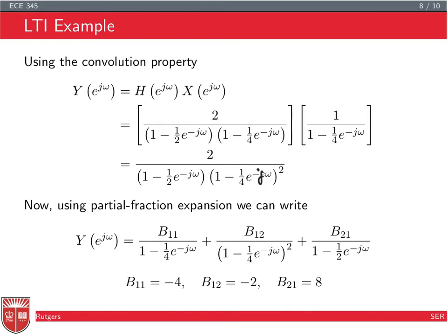We use the same method we learned before to find these coefficients, and you can find them equal to -4, -2, and 8. Please do these calculations at home and double check these values.